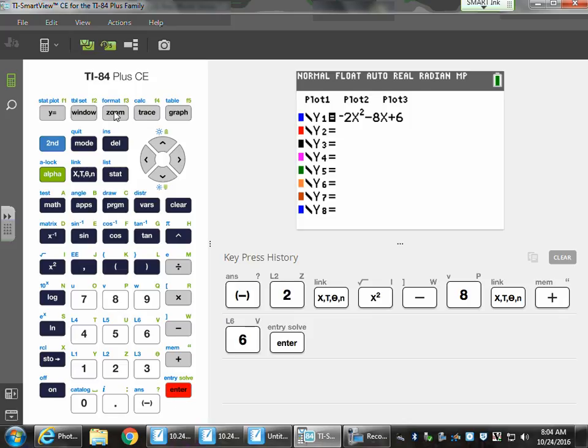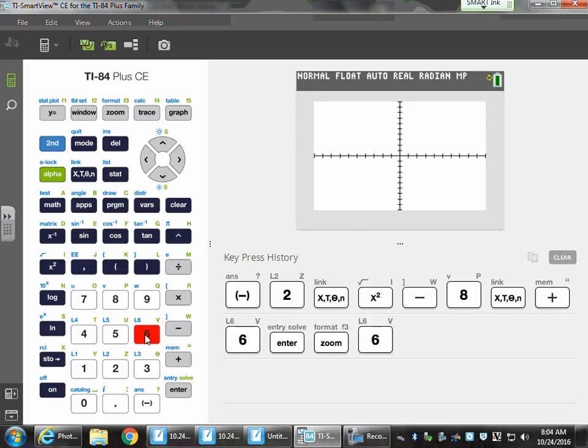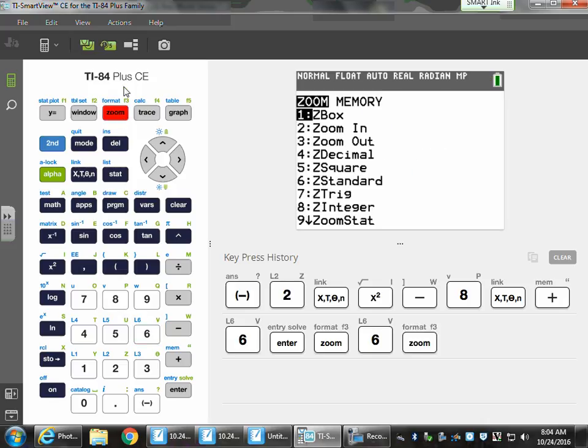It's a good practice after you hit enter, zoom 6. So the zoom button is here. So after you have it entered, zoom 6. What button am I calling if I say 6? Standard. So it makes it a standard 10 by 10. Not big enough. So if we go back to zoom, what maybe do we want to try? Zoom out.